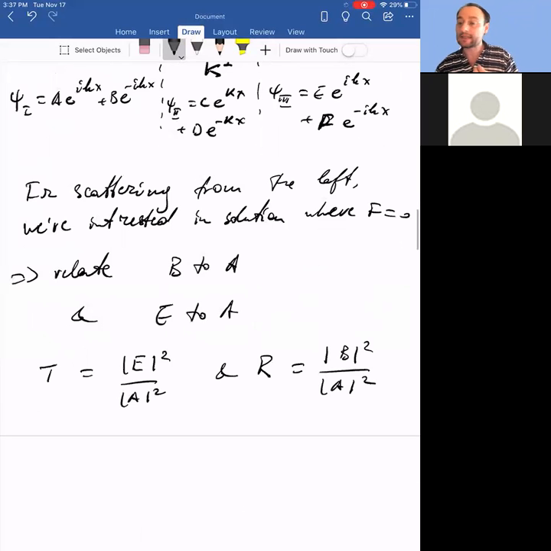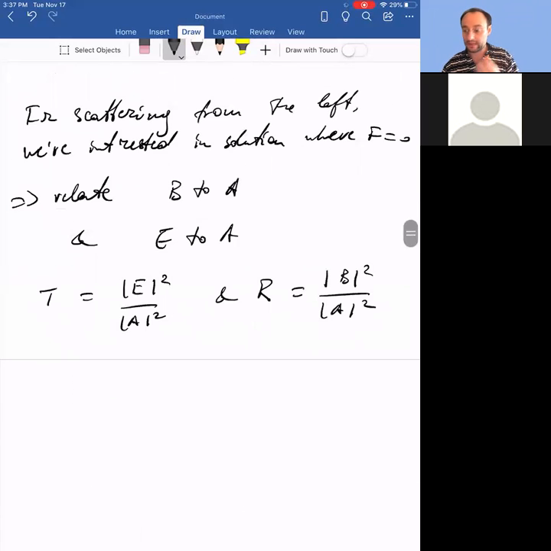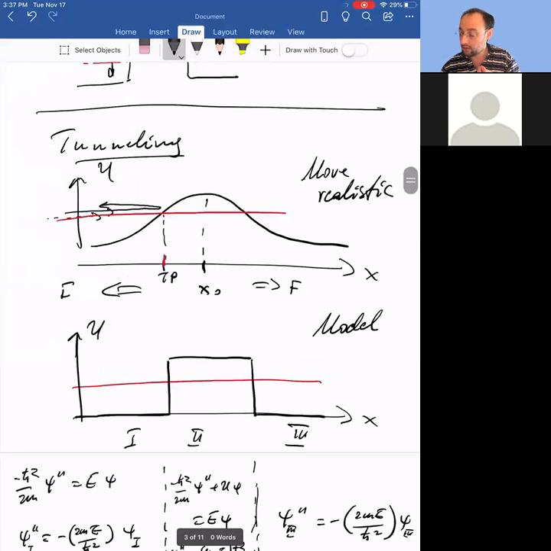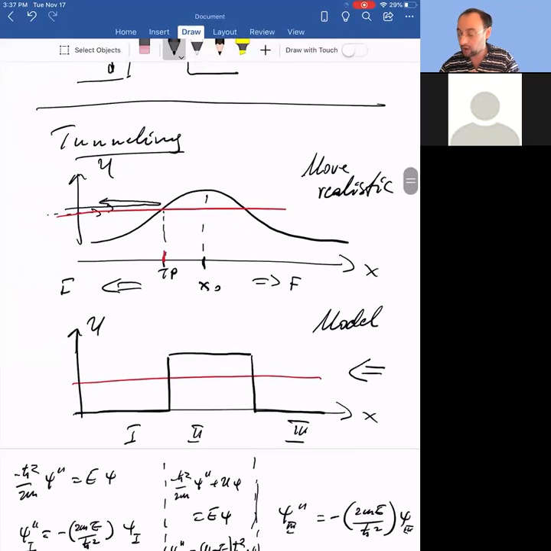So the first obviously interesting fact is that T is non-zero. You can have transmission in this situation. Think about it.